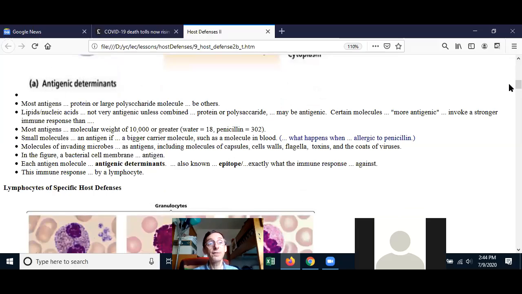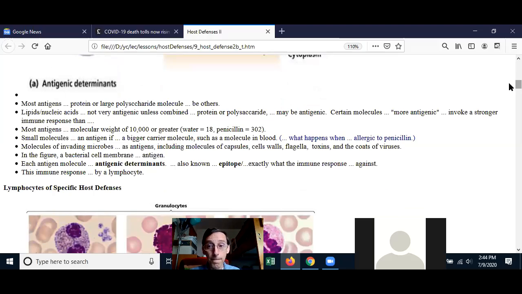So most antigens are a protein or a large polysaccharide molecule. They can be other things, but most antigens are proteins, or, because most proteins are large anyway, large polysaccharide molecules. And that is what the host will respond to.